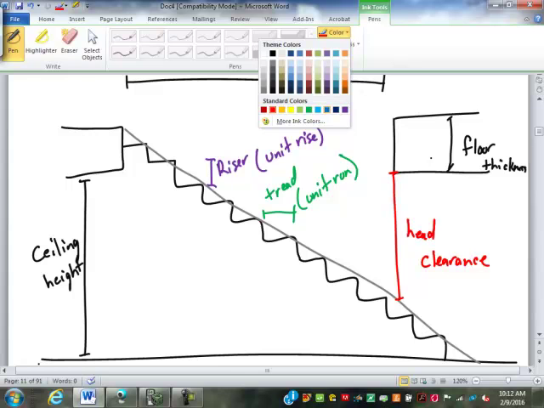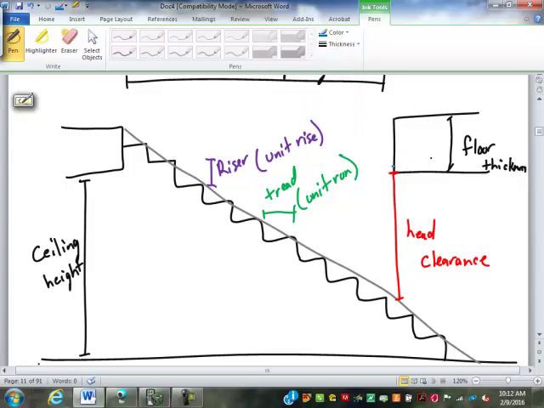Now, there are some building inspectors that actually interpret that to be the distance to the tread that is located directly beneath it, as long as it is more than 3 inches away from the nose of the next step. Does that make sense? If it's within 3 inches of the next step, they interpret it to be off of that next step, which is the old way of interpreting it from like the year 2002 or 2003.